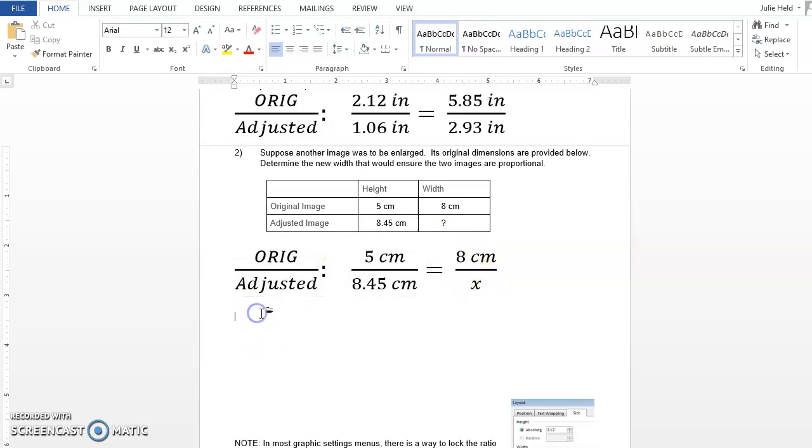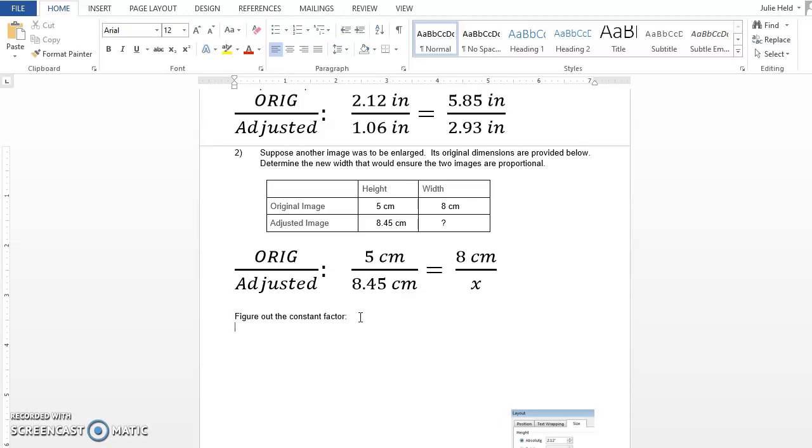So one way we could solve is by figuring out the constant factor. By that, I mean, what could I multiply 5 by to get 8? Because I could just do that to the 8.45. Remember when the fish was half as big?